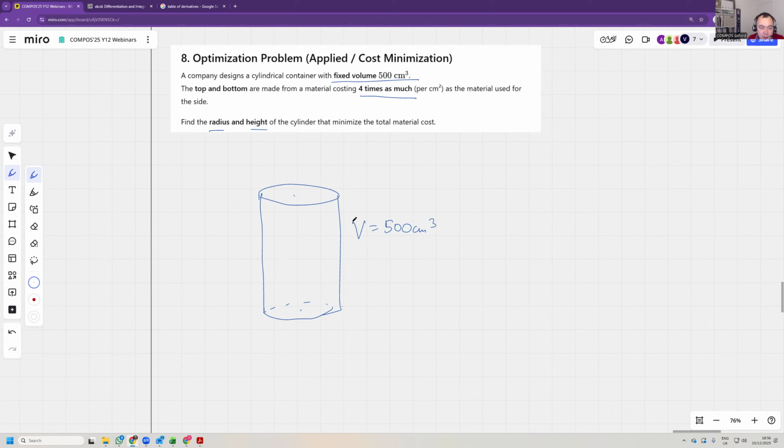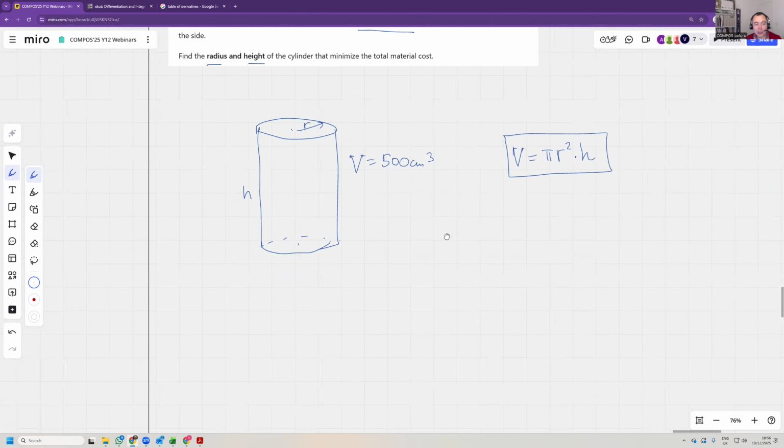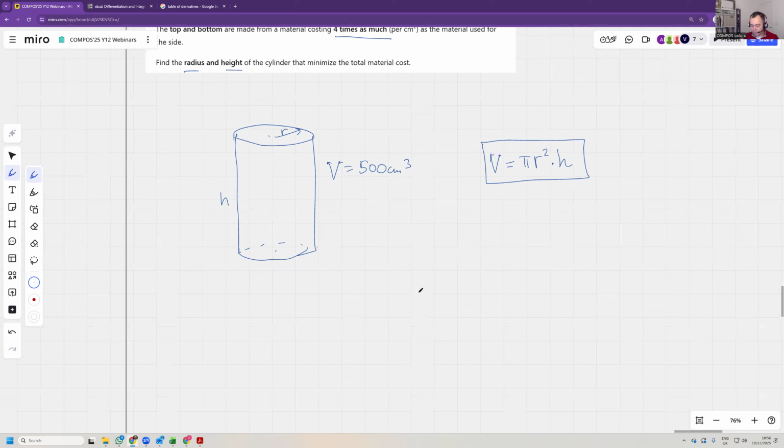Okay. So first of all, we have the radius r and we have the height, h. And we know that the volume is pi r squared multiplied by h. Now, for the price of the material, we can assume it doesn't matter how much the material costs.